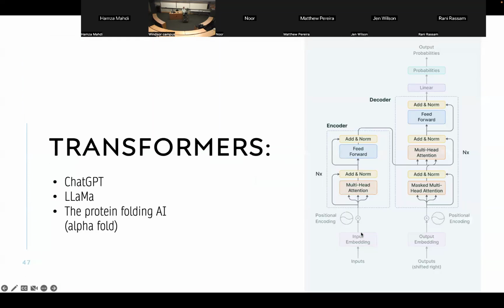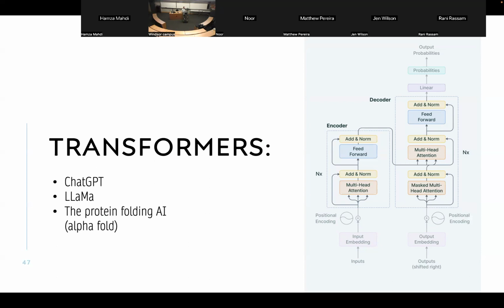All these large language models that you hear about, ChatGPT, whatever, they're all transformers. Since 2017, we haven't had major breakthroughs in AI architectures. All these fancy AIs that we have nowadays are based on the same transformer architecture that just seem to work really, really well when you make the model much larger.